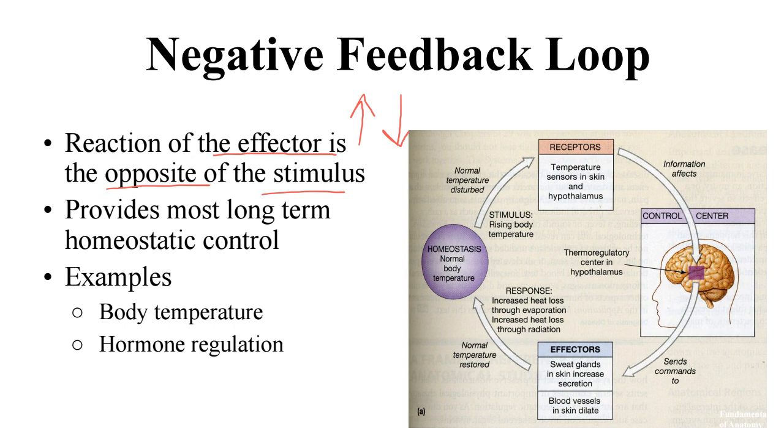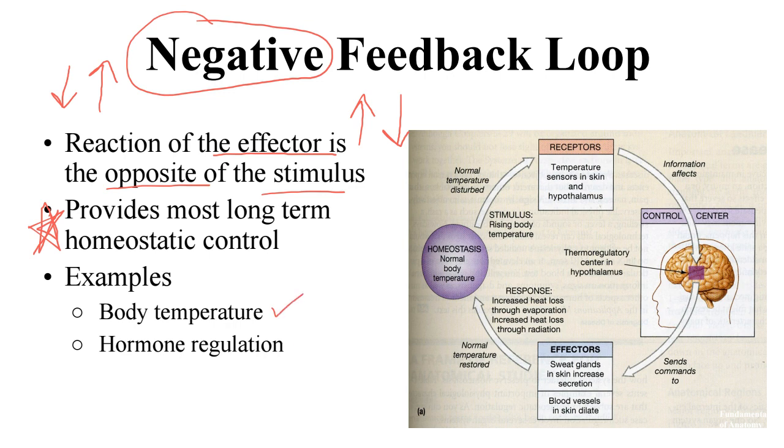And you see the same thing in the wintertime. The temperature drops down, so the response is for the heater to bring the temperature back up. This is providing most of our long-term homeostatic control. That's important because a lot of people see the term negative feedback and they think that it's a bad thing. And it's not, right? Negative feedback is controlling almost everything in our body.